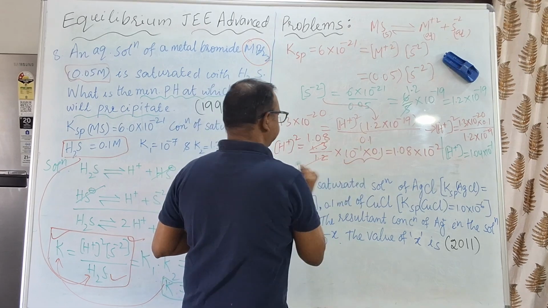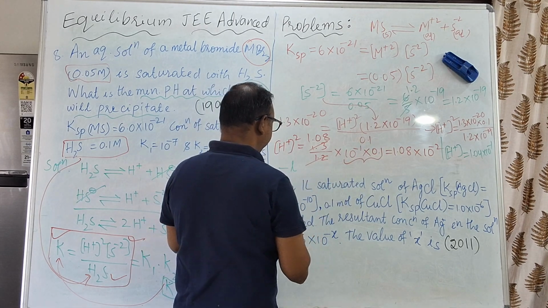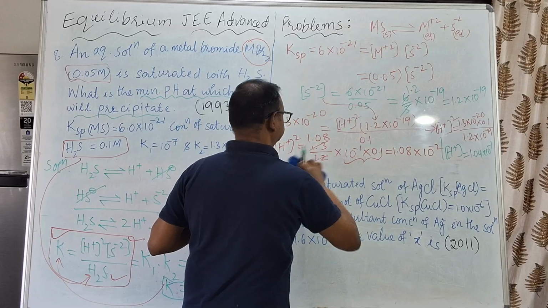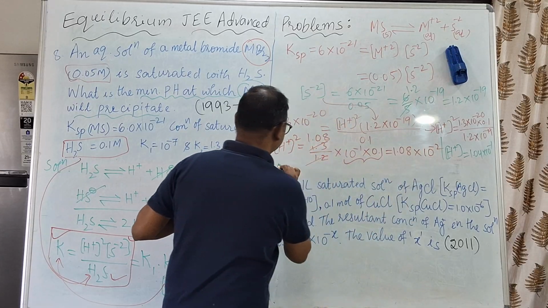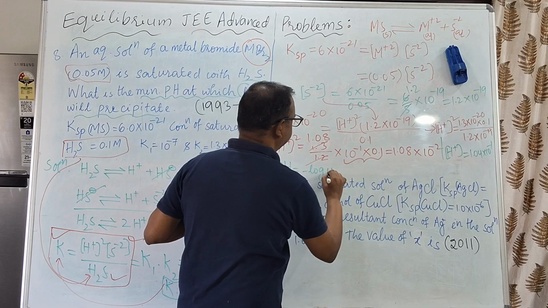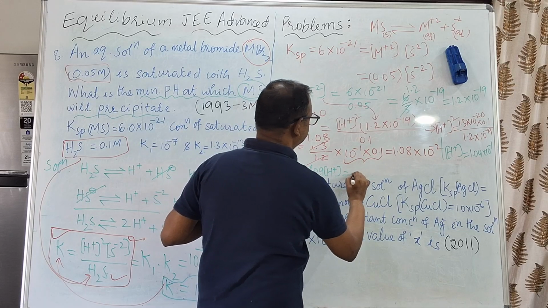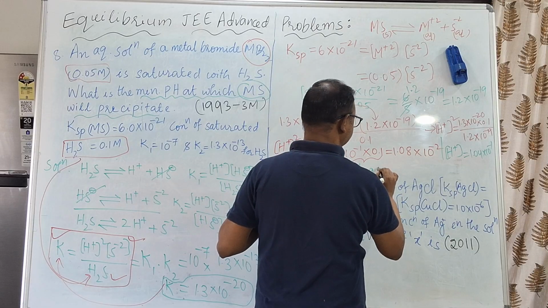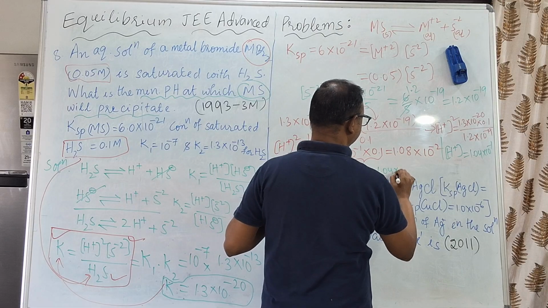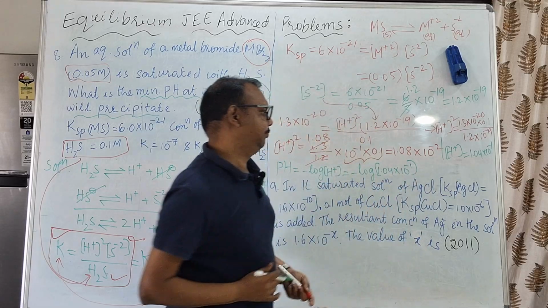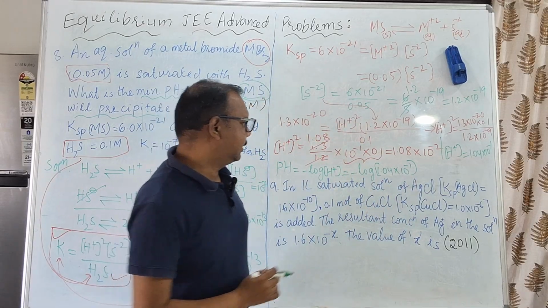Therefore, you apply minus log. pH equal to what we know already? pH equal to minus log H plus. I am writing here pH is equal to minus log of the concentration of H plus, minus log of 1.04 into 10 power minus 1. We can write like this.